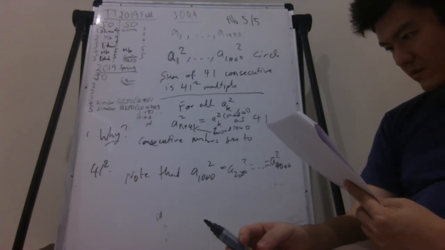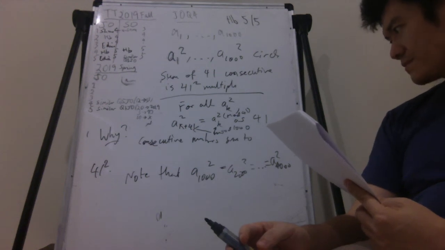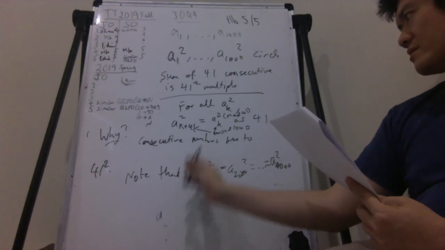And is the equality mod 41? Well, I guess it's the same. I guess this equals, noting, is the same as this arrow then.